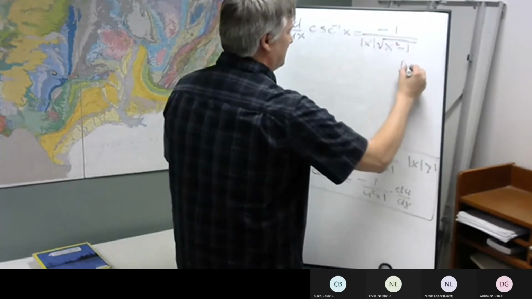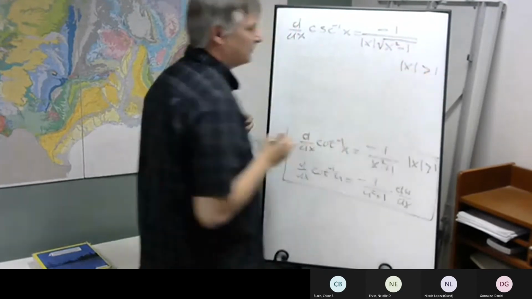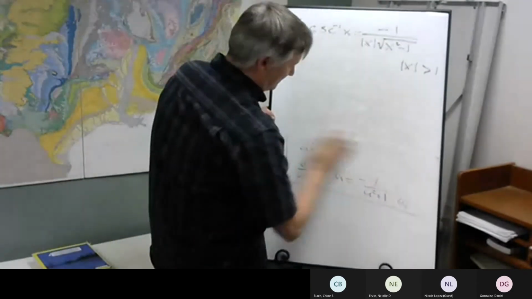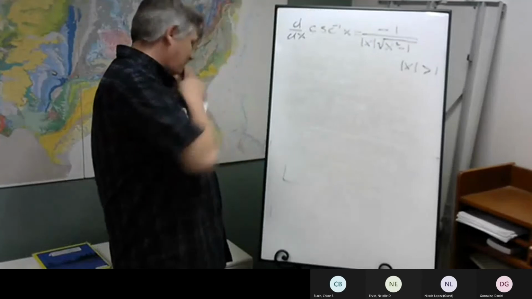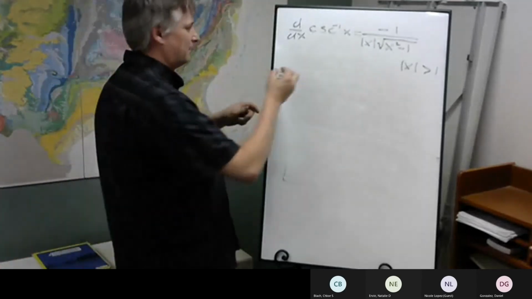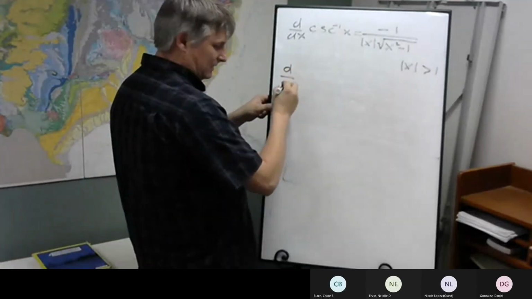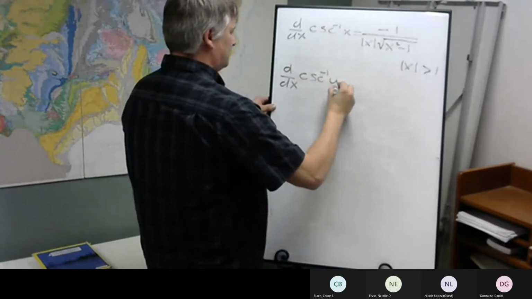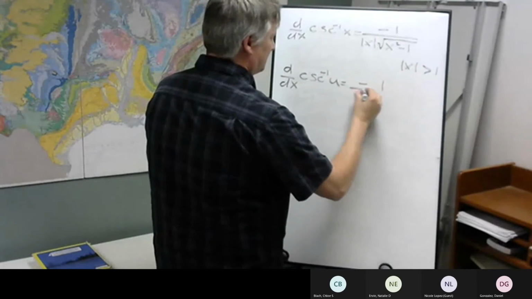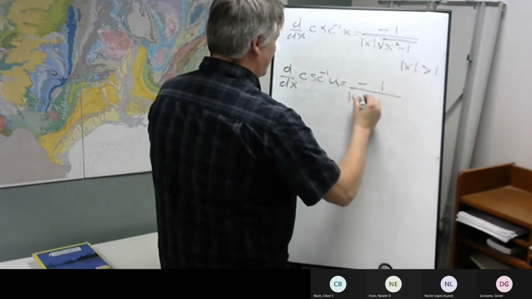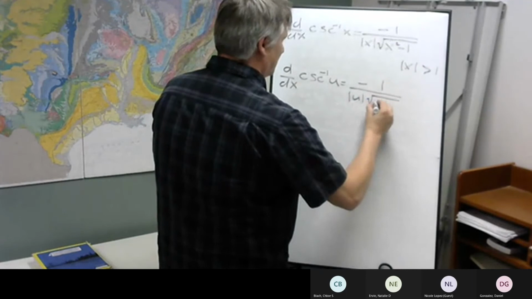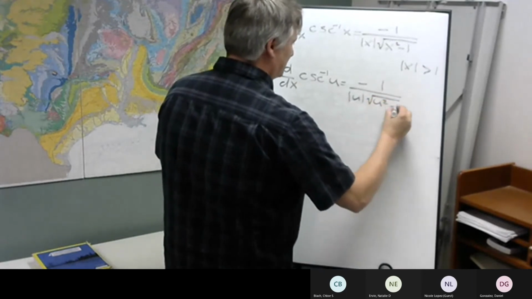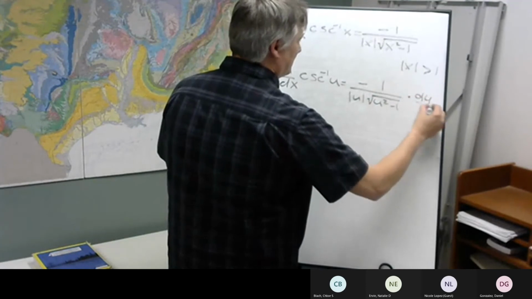And again, for the absolute value of x greater than 1. Or d dx cosecant inverse of u will be minus 1 over absolute value of u square root of u squared minus 1 times du dx.